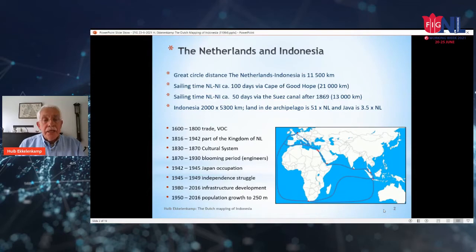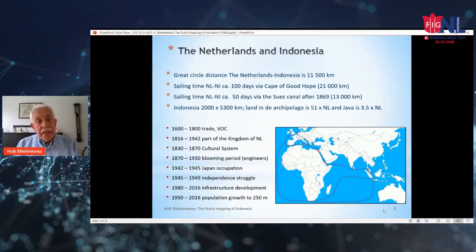They had 200 years focused on trade, and when Napoleon conquered large parts of Europe, Holland became occupied by the French, and so there was a French-English period in Indonesia, in the Far East, and after that the Indonesian part, the Indies, became part of the Kingdom of the Netherlands.